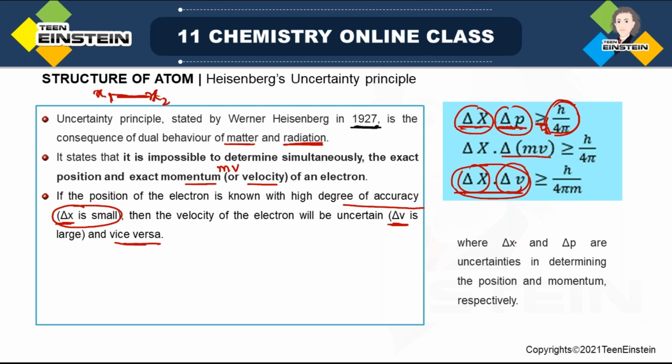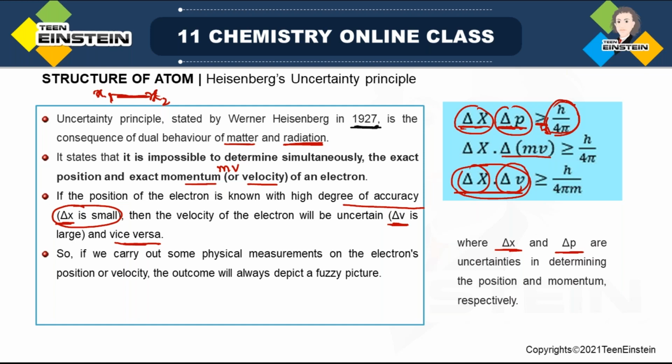Okay. Here it is clearly mentioned what del x is and what del v is. If we carry out some physical measurement on the electron's position or velocity, the outcome will always depict a fuzzy picture, because you cannot know both of these values simultaneously.